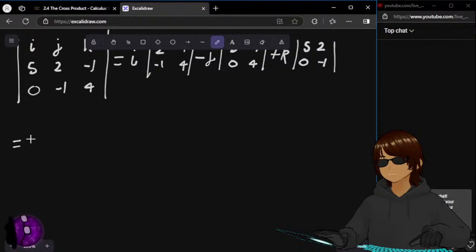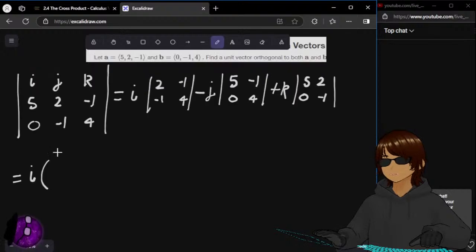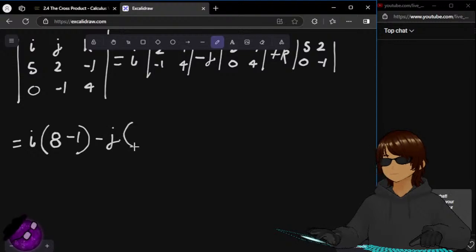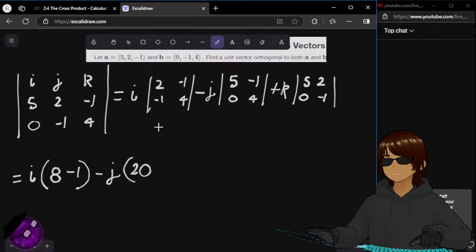So this is I times it by 2 times 4, which is 8, -1. And then -J is 5 times 4 is 20, minus -1, just +1.